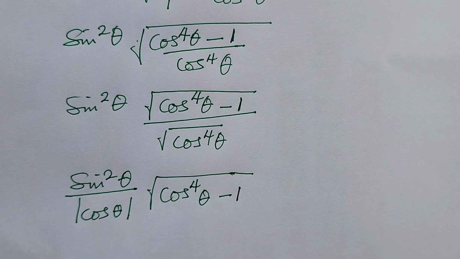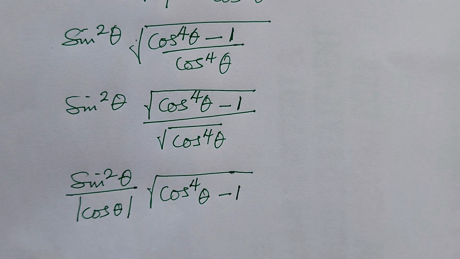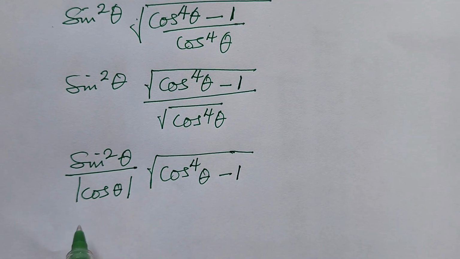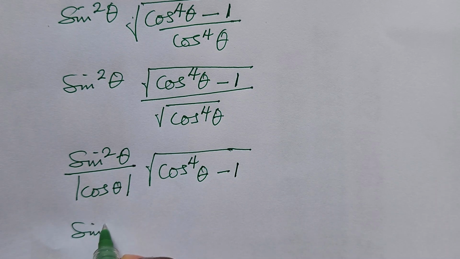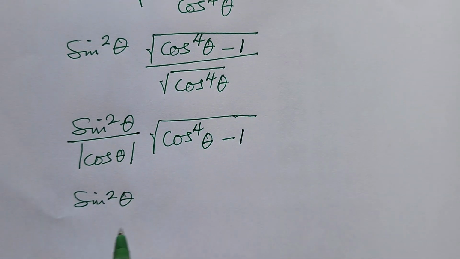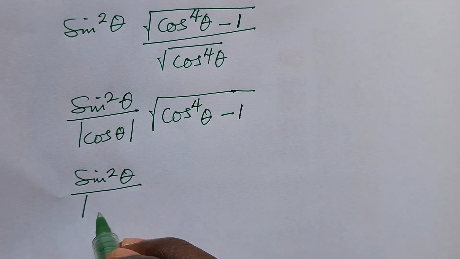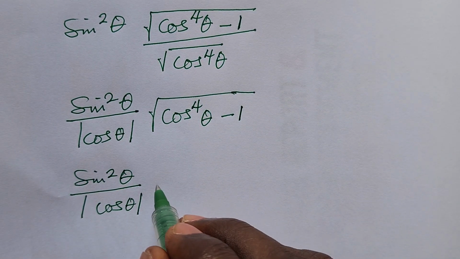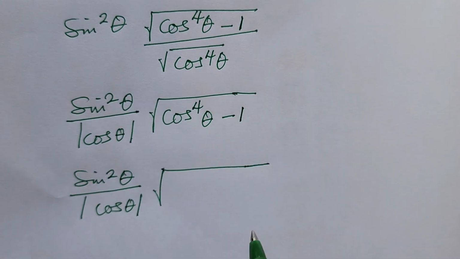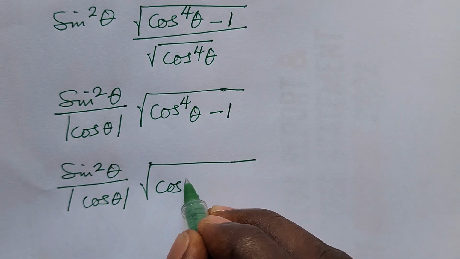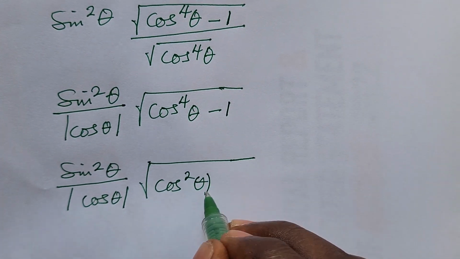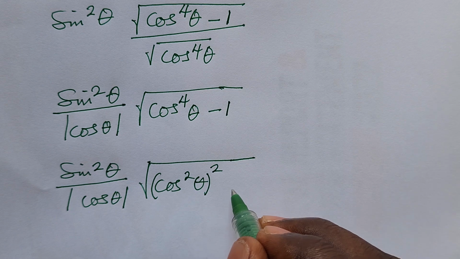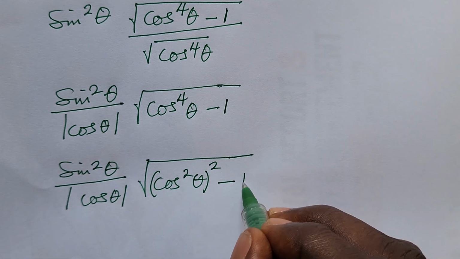Now what we want to do, I want to rewrite this cos to the power of 4 theta. So we can rewrite this as sine squared theta all over the absolute value of cos theta, into open bracket cos squared theta close bracket all to the power of 2, then minus 1.